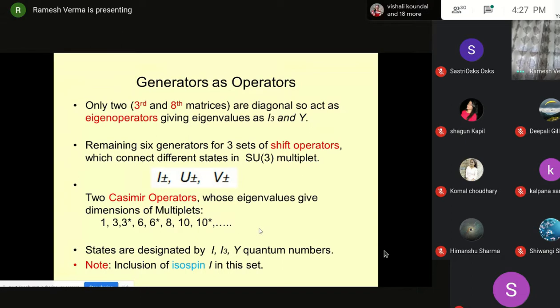So, if you like, you can call 3 as representing eigenkets and 3 stars as representing eigenbras. So maybe one can think of a dual space also. So that kind of understanding can be built up. After all, we are dealing with complex vector spaces. So such things are likely to happen.